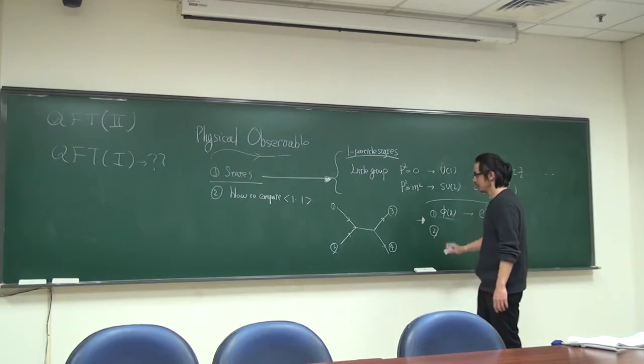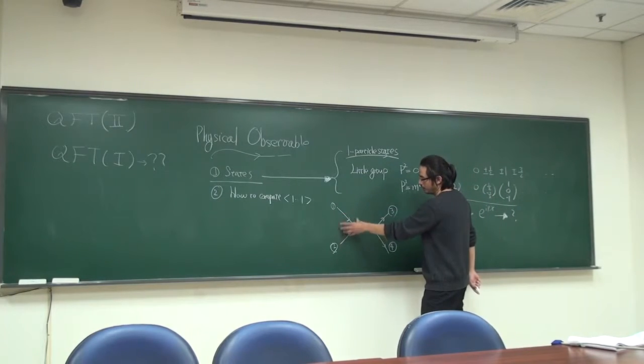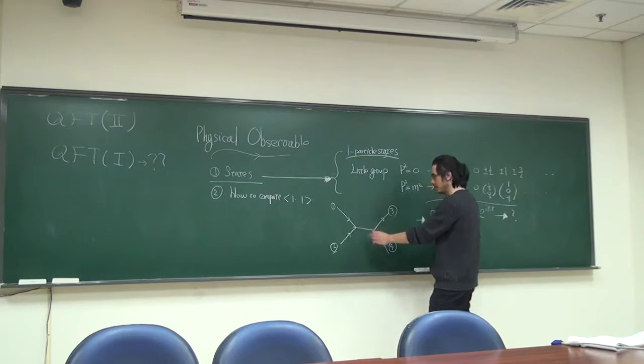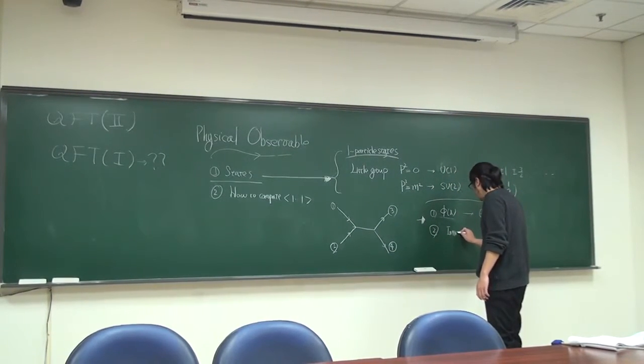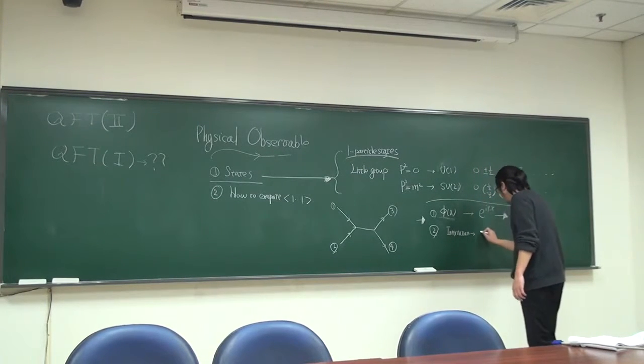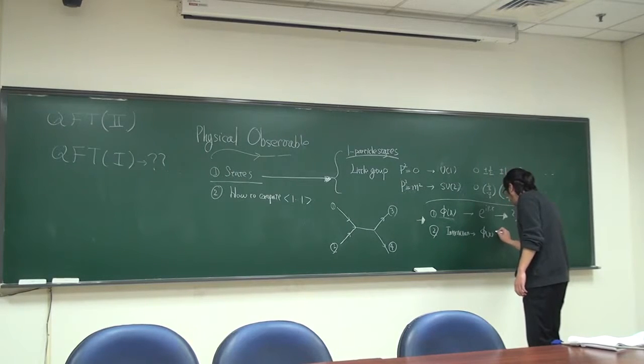Second of all, we know that all the fields should interact at a point. That means the interaction should look like a bunch of fields sitting at the same point.